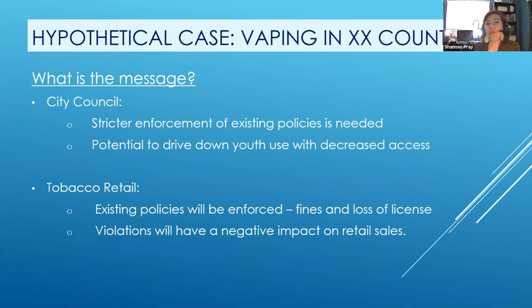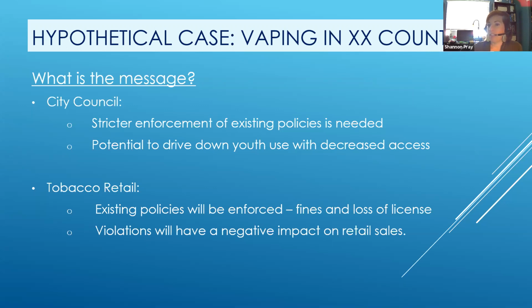Okay, so maybe for the city council, the message is that we need stricter enforcement of existing policies, like those age laws and whatnot. Maybe it's that we have the potential to drive down youth use with decreased access, and how we can get that to happen. And then again, that 180 shift to tobacco retail, maybe the messaging there is that existing policies are going to be enforced.